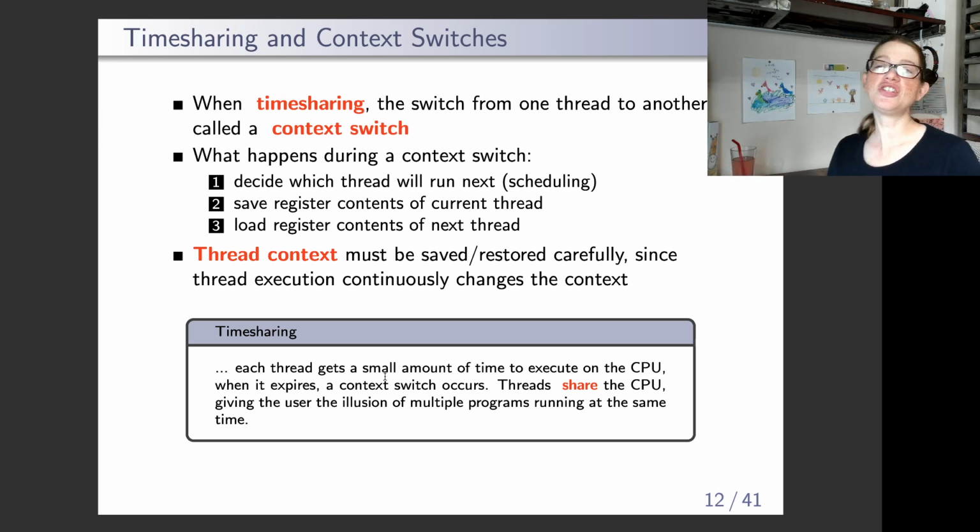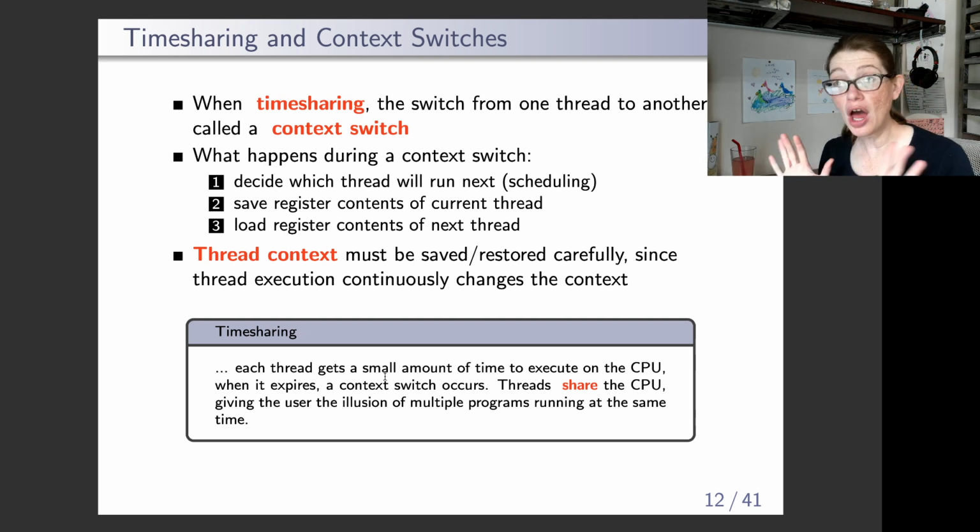Now, what happens during a context switch? Actually, a lot of things. It's not just the register swapping that's going to happen here. What's actually going to happen is that first, when we register the fact that we want to perform a context switch, that is, we want to switch between two different threads, I need to find which thread I'm going to go to next. There's lots of reasons why thread A may decide it doesn't want to run anymore.